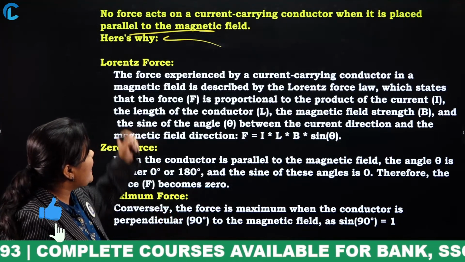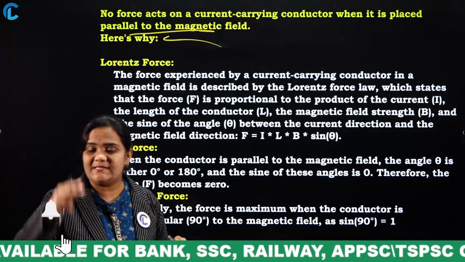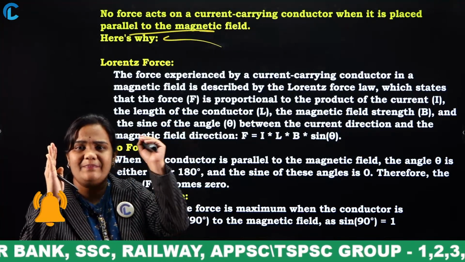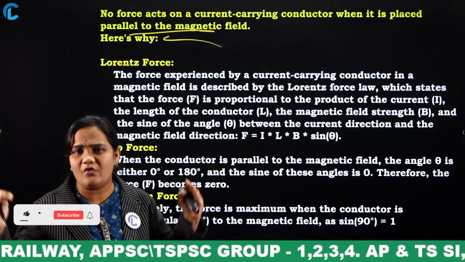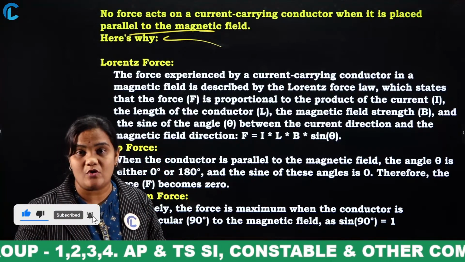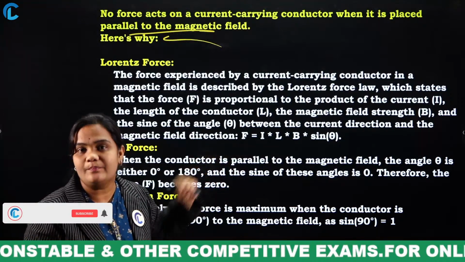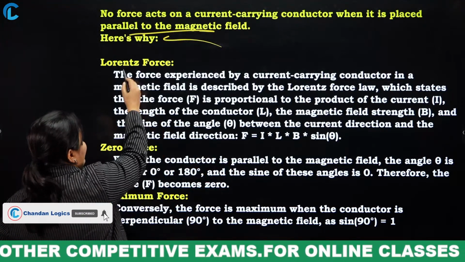It says: current carrying conductor when it is placed parallel. So, this is a current carrying conductor. If I place it parallel, what happens? No force between them. If I place it perpendicular, what happens? Maximum force will be obtained. So, as per the Lorentz force law, we have even proved this. What did this law say?